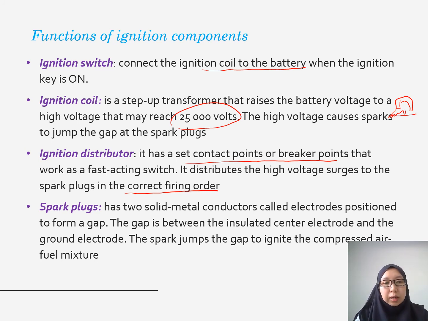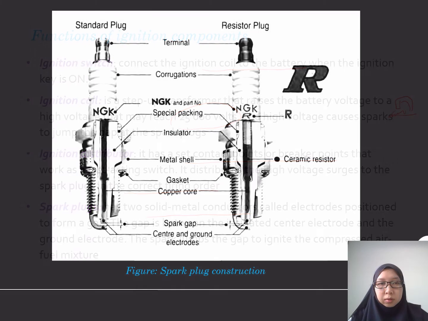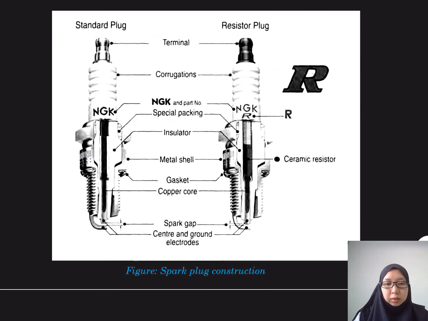The last one is the spark plug, with 2 solid metal conductors positioned to form a gap, and the spark jumps the gap to ignite the compressed air-fuel mixture. This is where the high voltage causes the spark.